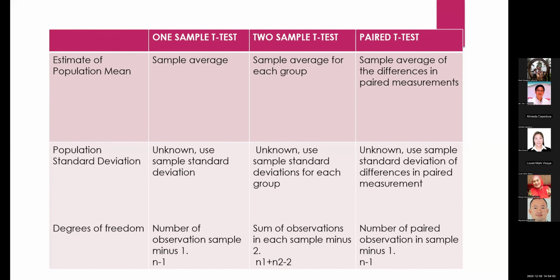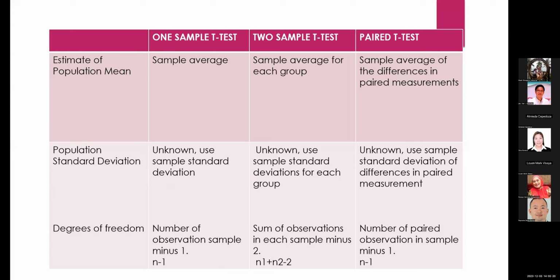So, okay, the estimate for the one sample test is the sample average, for the two sample test the average for each group. For the paired t-test, the sample average of the differences in paired measurements. For the population standard deviation, for the one sample t-test, it can be unknown.